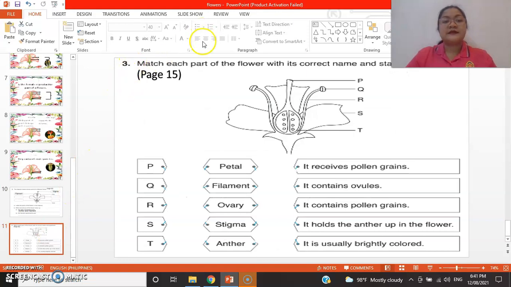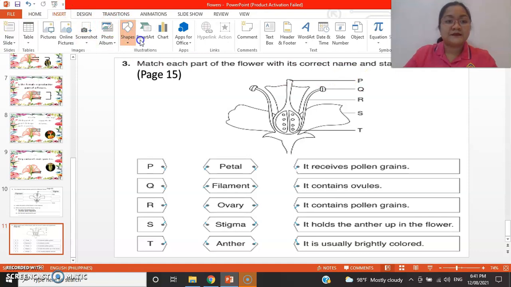Next, number 3, page 15. Match each part of the flower with its correct name and statement. For example, letter P. What is letter P? Draw a line. Letter P is the stigma.